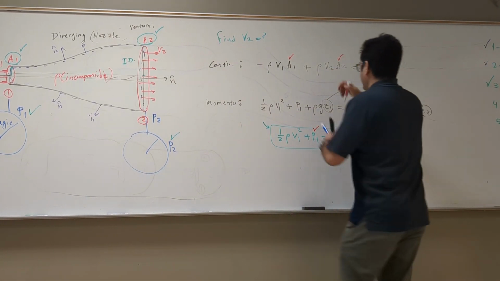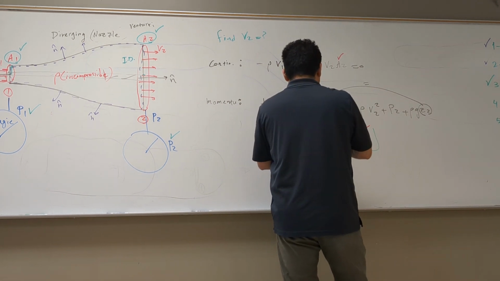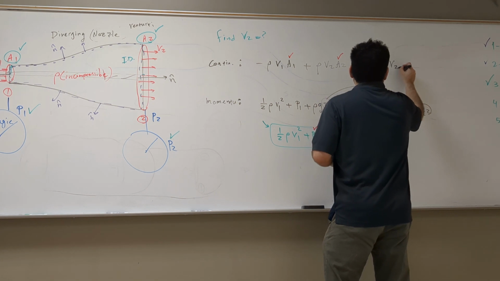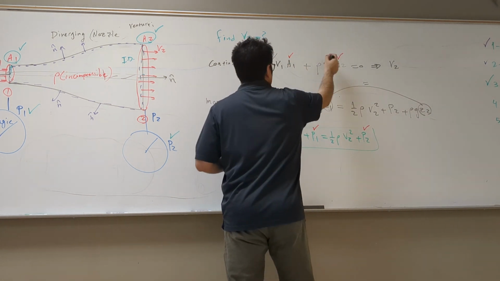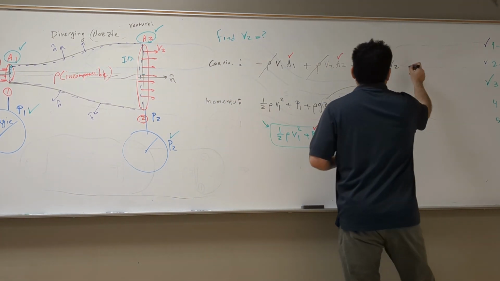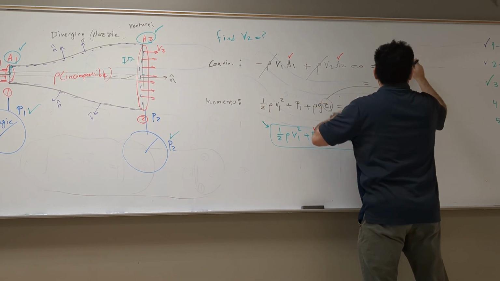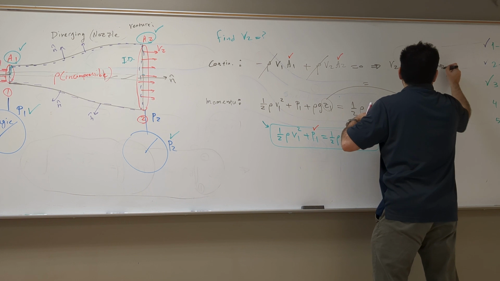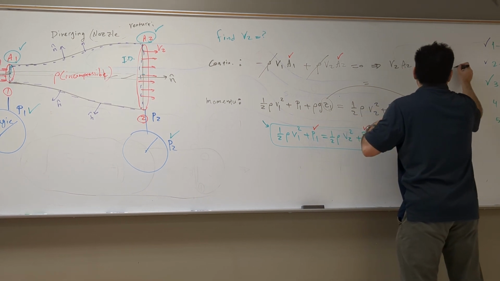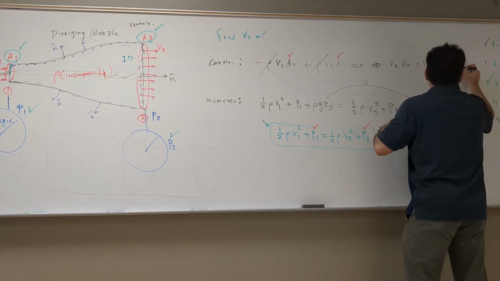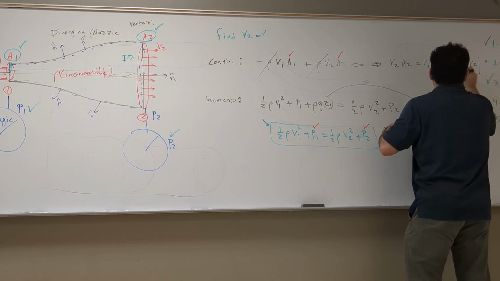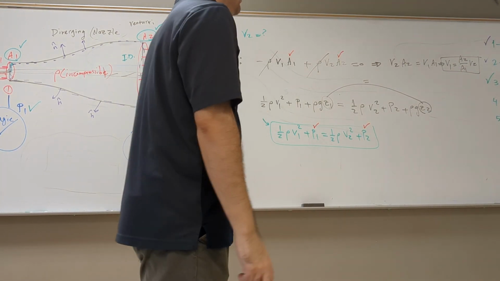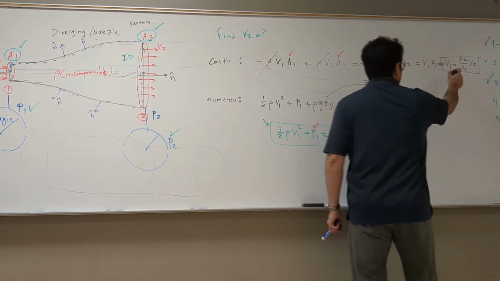So let's solve it. Solve this equation for V1. You get rid of rho on both sides. So you get V2A2 is equal to V1A1. That means V1 is equal to A2 over A1 times V2. Now, substitute that.